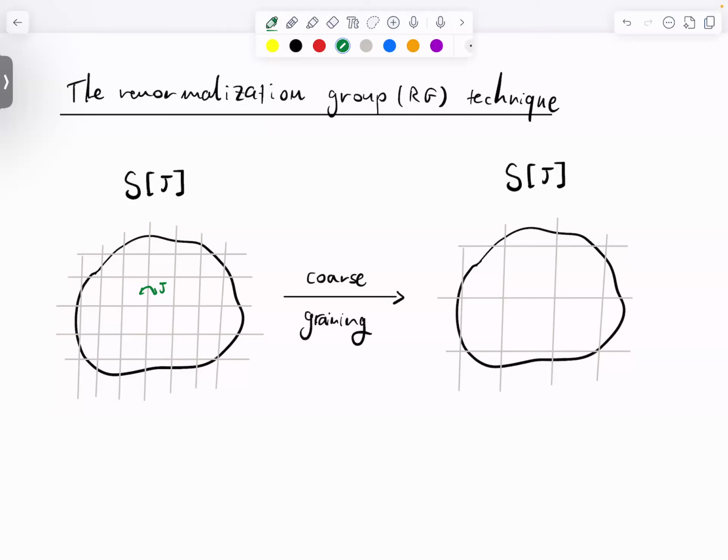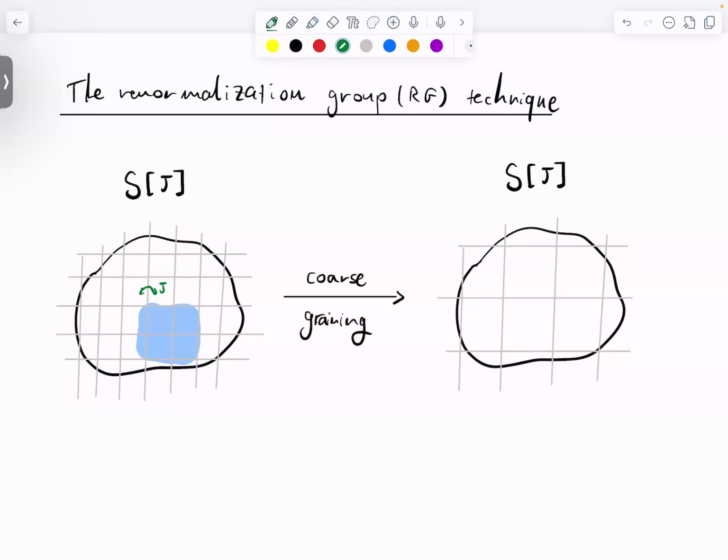Okay, and then imagine that we take this kind of block. People call it a block. You take a block, which is a larger system, and you clump it together.